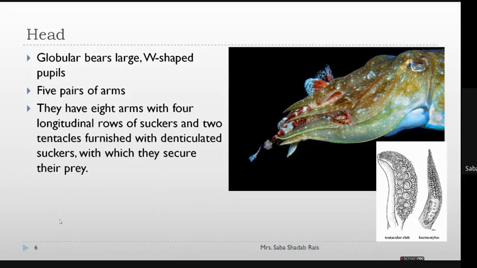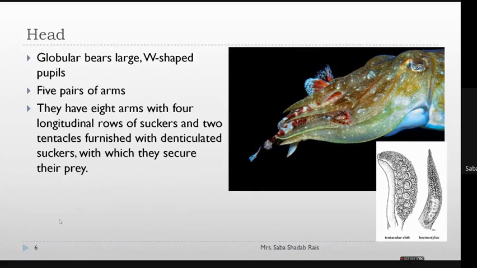The tentacles have cup-like suckers, and these suckers create vacuum pressure which helps in holding the prey. The other arms are very stout to hold the prey.